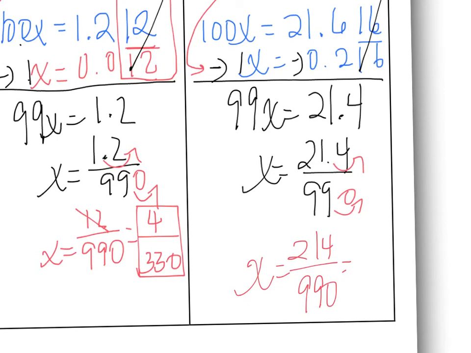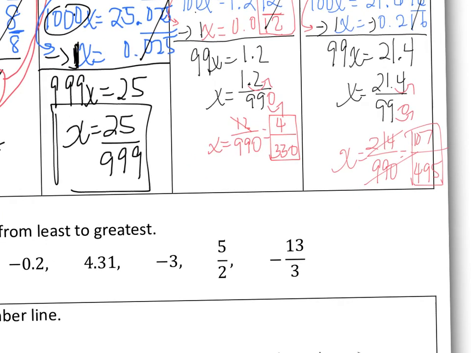Okay? So after I simplify, I would get 107 over 495. Oh, sorry about this. There you go. Okay, if you punch it in the calculator, you'll get 0.2161616. Okay, and let's move on.